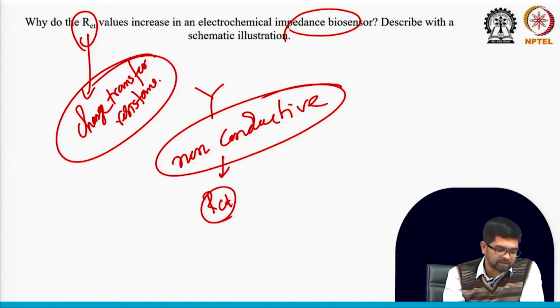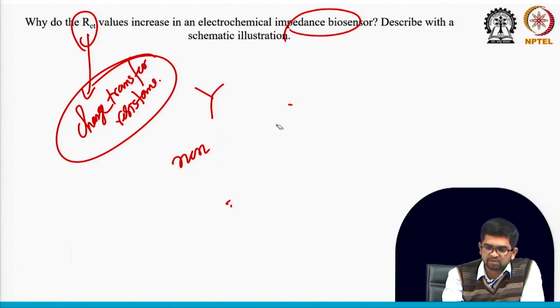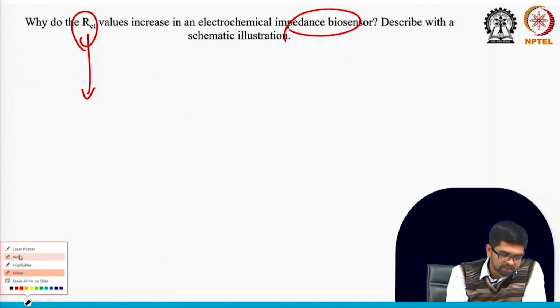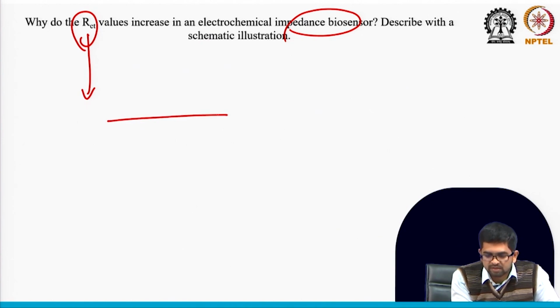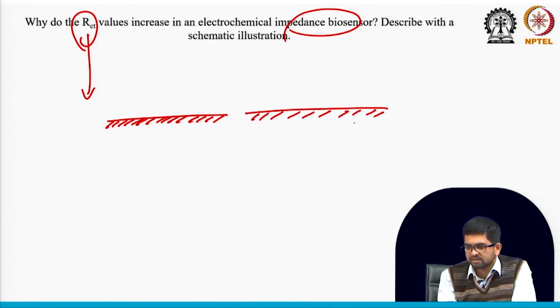So let's use this for biosensor development, and let's try to solve these questions, and first understand the problem. See, the problem is: why does the RCT value increase in electrochemical impedance biosensors? So you can answer like this in the exam. Let's draw the biosensor's very basic surface.